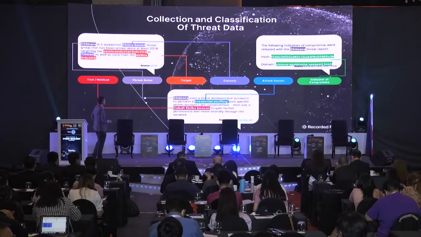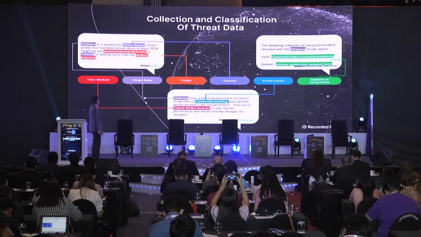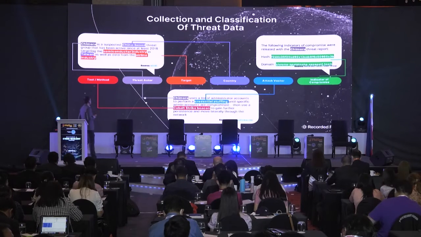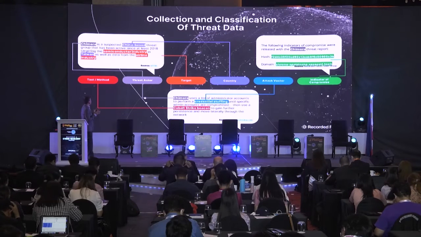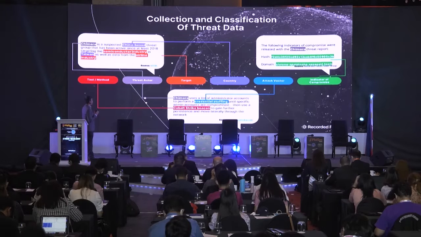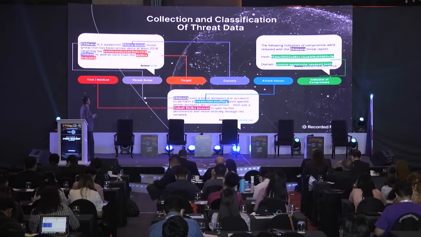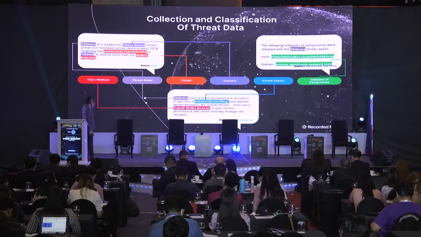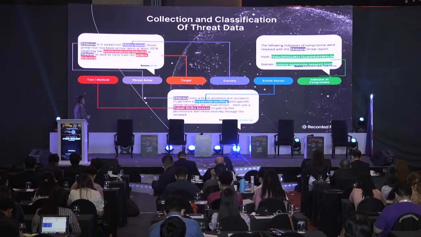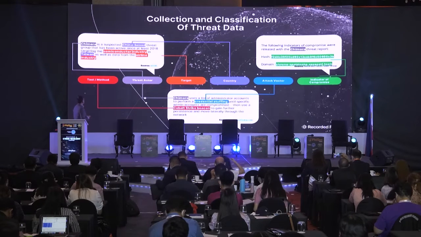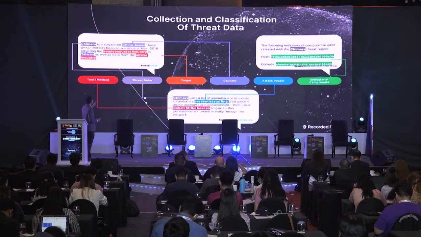To better understand what the previous slide shows, Recorded Future collects all of the unfiltered data from these sources in the wild. As you can see, we have different types of raw data coming from the wild, such as Chimera, a suspected China-based threat.